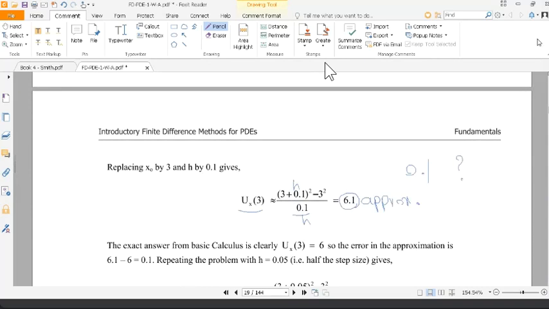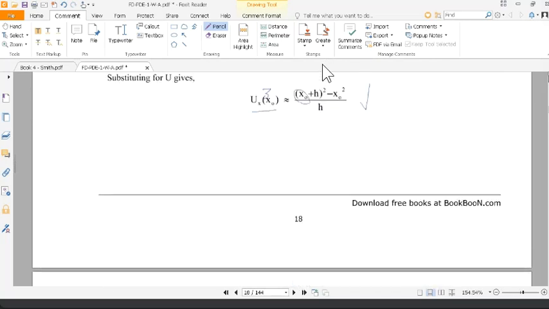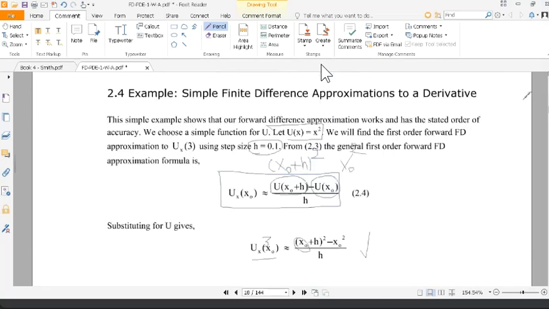What about the exact solution of u_x at 3? Exact solution: u(x) is equal to x power 2, okay?